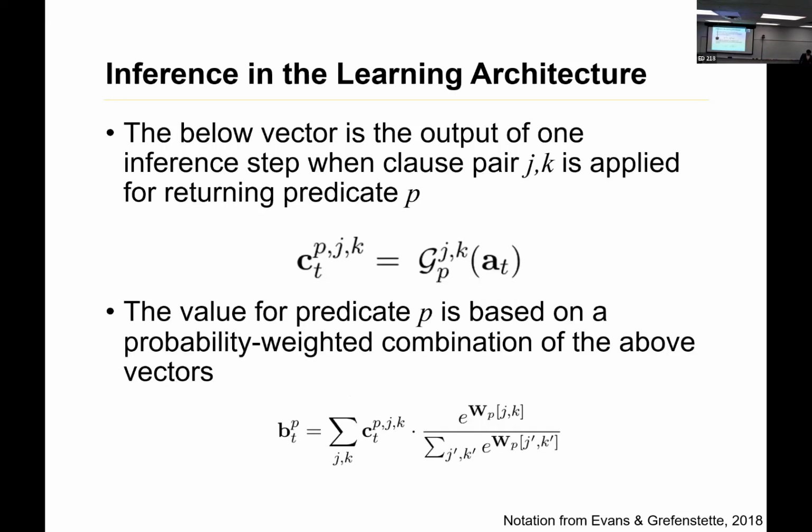For a given JK pair at inference step T, C P J K T is just the application of G on A at inference step T. And the reason we have all these subscripts is, remember, at the beginning we have a limited number of inference steps. So the whole neural infrastructure is replicated T times, which is why you have that.